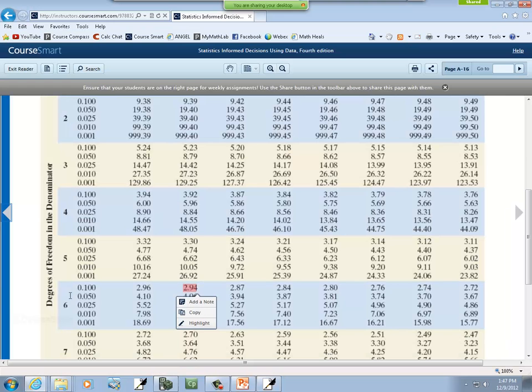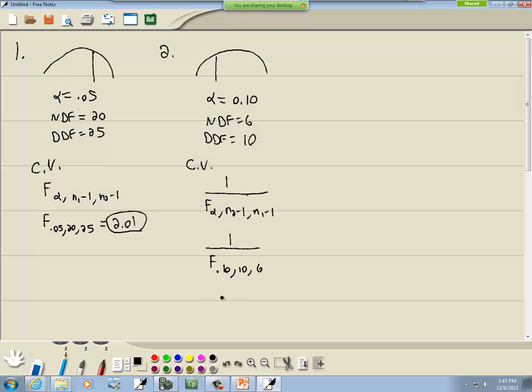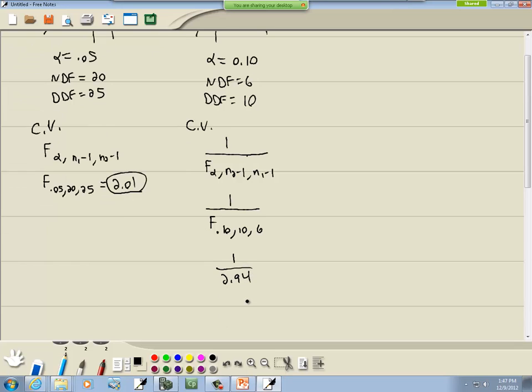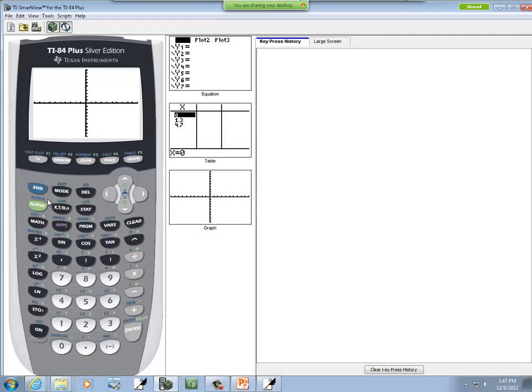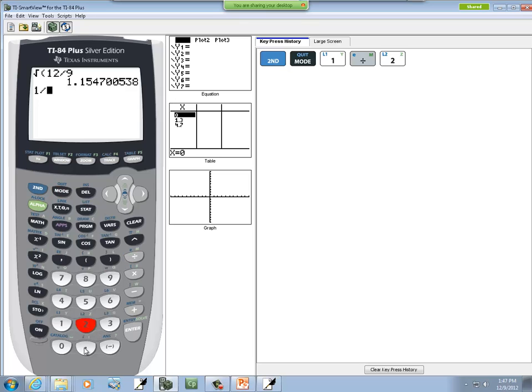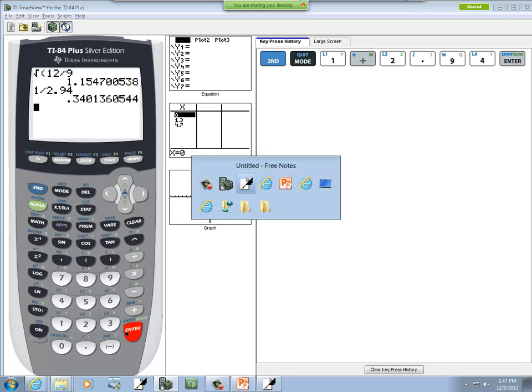And I'm looking for alpha of 10%, which is this one right here, isn't it? So 2.94. So our critical value is going to be 1 over 2.94. Let's see what that gives us. 1 divided by 2.94, 0.34.